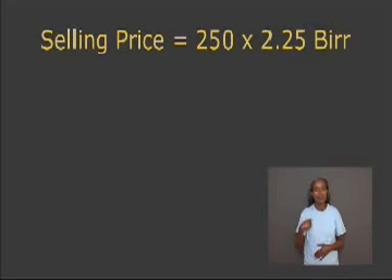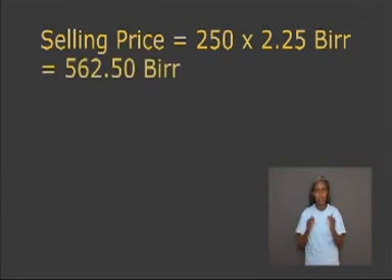We must first calculate the selling price by multiplying 250 by 2.25 birr. The result is 562.50 birr.